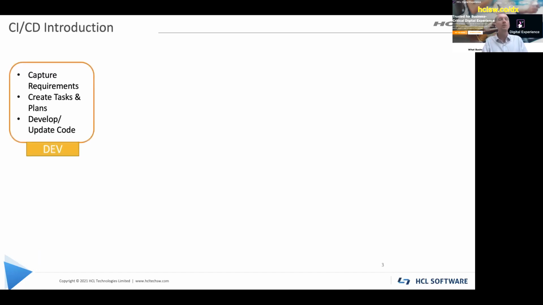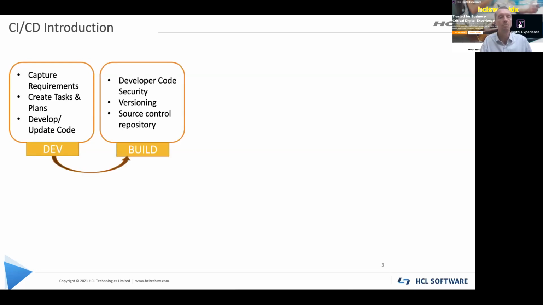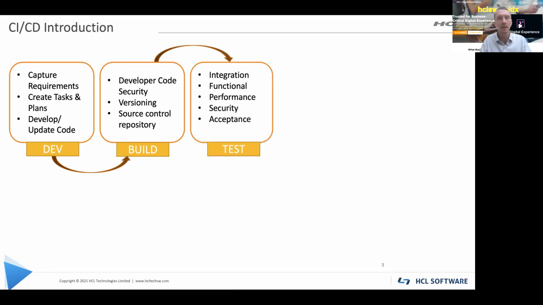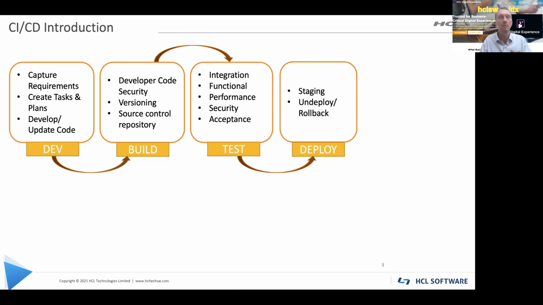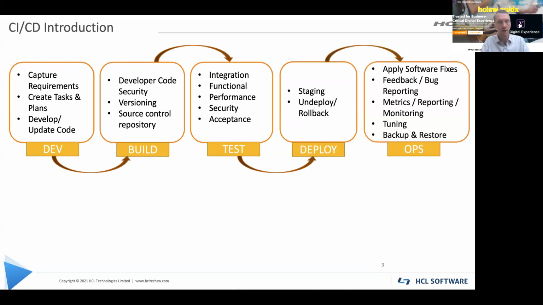So in the introduction, if you look at the DevOps, in the development you of course have the capturing of the requirements and build it all up. Then you start developing it and building it and making versions of it and storing it in a Git. Then you also do testing, and then you'll be able to stage it upwards to your production server, have the possibilities also to undeploy and roll it back, and you have some operations around that.